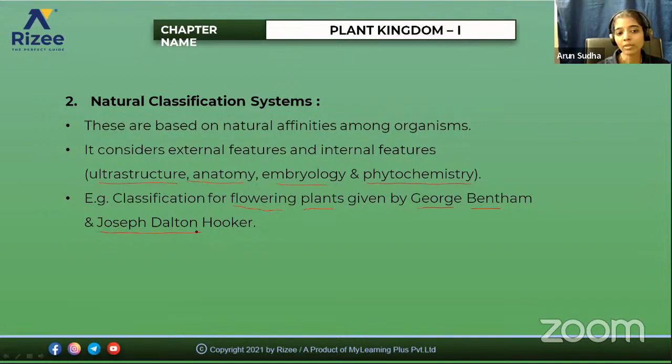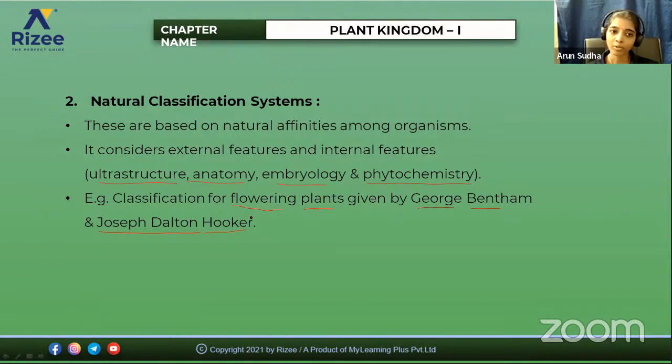Here the species that come under one category are closely related, since they took into account many factors, both external as well as internal features. So closely related species are placed in the same category. This is the best classification system when compared to the artificial system of classification.